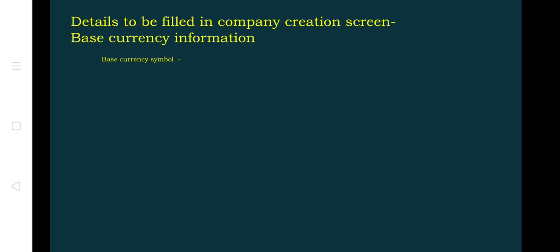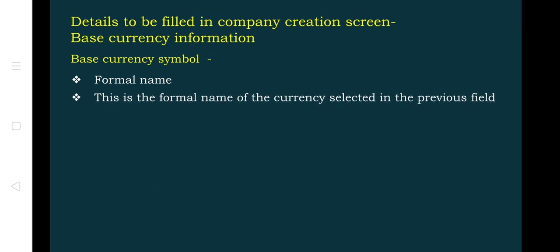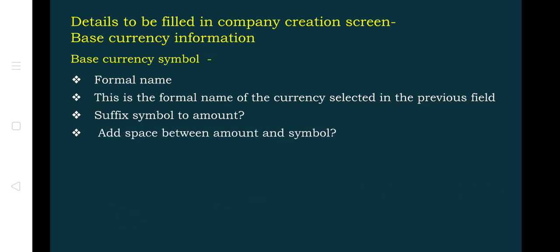Then next are the details about the currency information, because we deal with different currency transactions. For that we have to give the base currency symbol and the formal name, which is the formal name of the currency selected in the previous field. Suffix symbol to amount: what is the suffix you are going to use for the symbol of the amount.